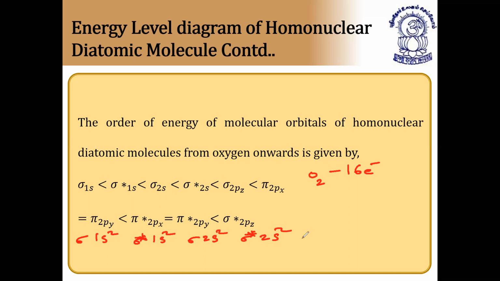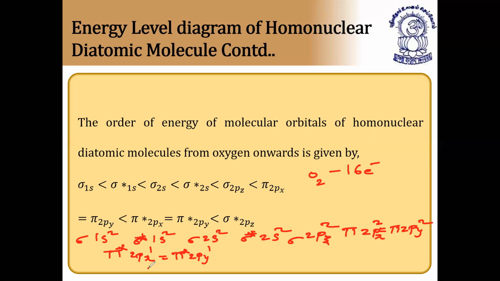After sigma star, we have sigma 2pz2, pi 2px2 equal to pi 2py2. So how many electrons are totally filled? 2, 4, 6, 8, 10, 12, 14. Still we have two more electrons. Since it is a degenerate orbital, pi star 2px2 will not come because only two electrons are left. So pi star 2px1, pi star 2py1.